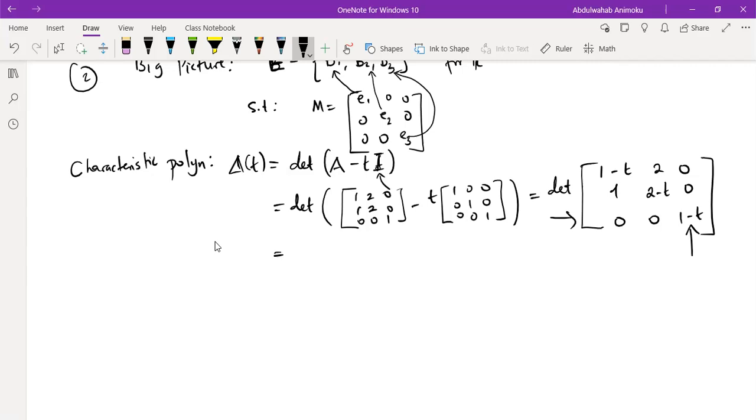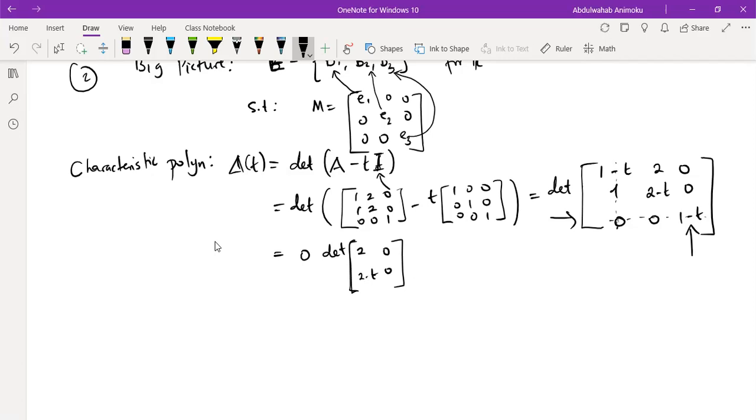What will happen is the first entry is 0. Then we have the determinant of the rest. Just for the future, so that you can use this for other problems: we cross out the column this entry belongs to and the row it belongs to, and the rest will be the determinant of that.